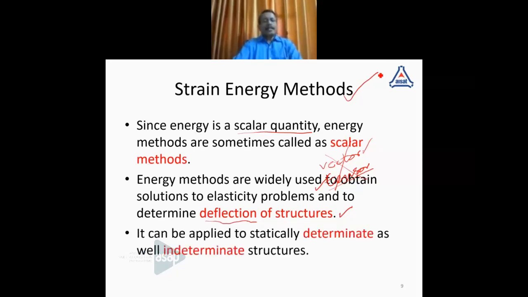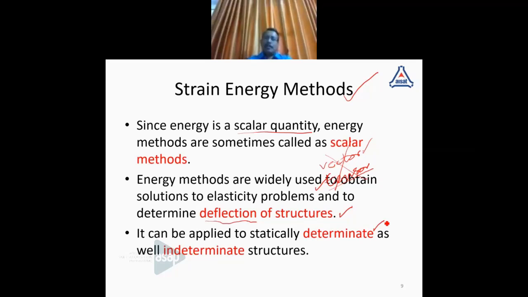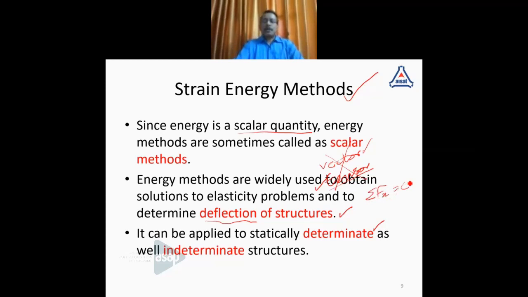Another major advantage of the strain energy method is it can be used for statically determinate as well as indeterminate structures. Now, what is a statically determinate structure? Statically determinate means we have used equations like sigma Fx equal to 0 to evaluate the forces acting along a particular direction.